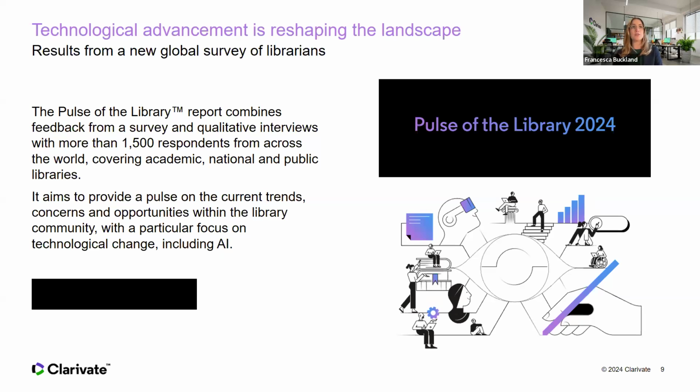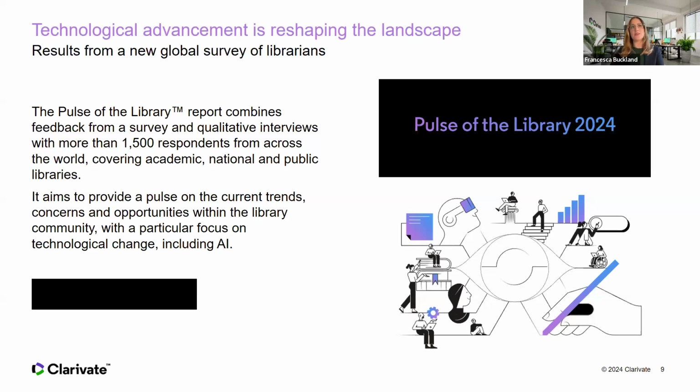The link is in the chat, so if you want to go and check that out, please do. It aims really to provide a pulse on the current trends, looking at concerns and opportunities within the library community. And it has a particular focus on technological change, including AI.